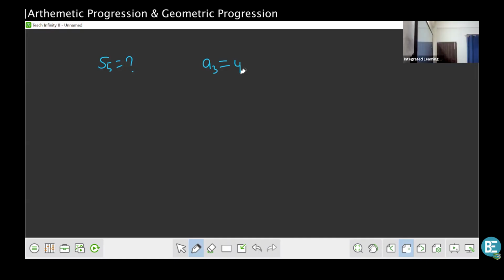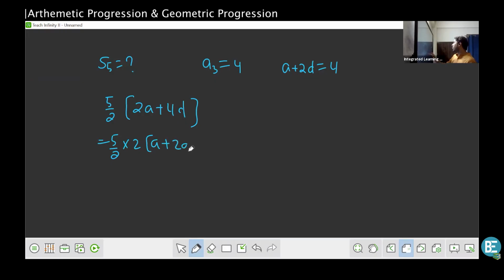It's very simple. Just write A3 is equal to 4. That means A plus 2D is 4. And here apply the formula. S5 will be 5 by 2, 2A plus 4D. Now if you take 2 common, it will be A plus 2D, and this is what exactly you found in the previous step.